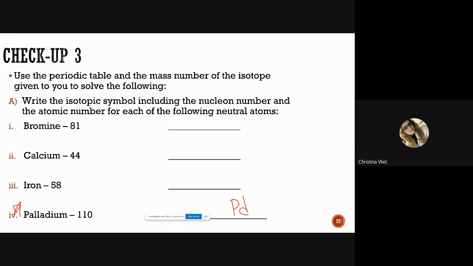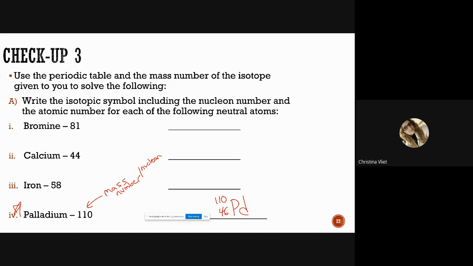The top number is actually 110 because this is the mass number or nucleon number. So you've got 110 on the top. And what number goes on the bottom for palladium? 46. We picked that up from the periodic table. So the top number you would actually get from the written symbol. The bottom number you get from the periodic table. The atomic number you always get from the periodic table.